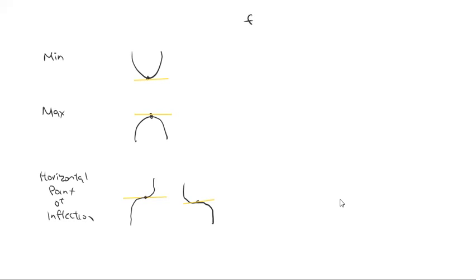And all of them will therefore have a first derivative equal to 0. If we want to tell what type of stationary point I have, one way to do it is to use the second derivative, which represents concavity, which would mean this is positive, this will be negative, and this will equal 0.